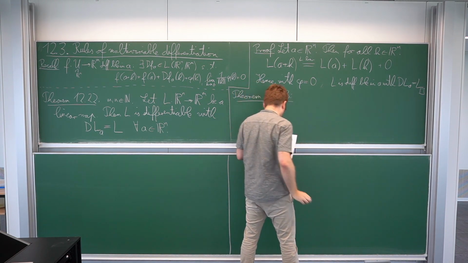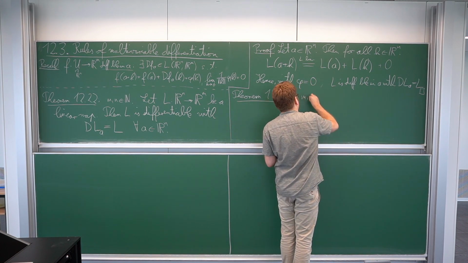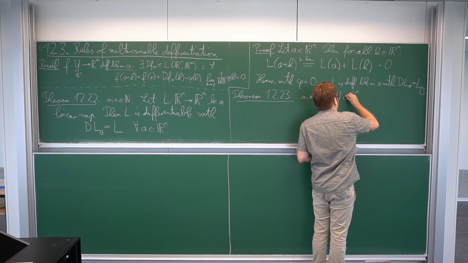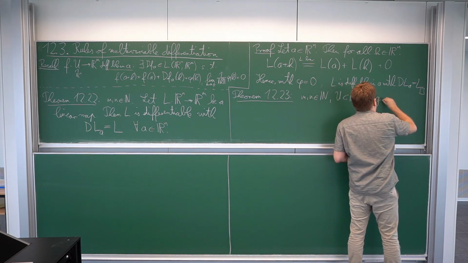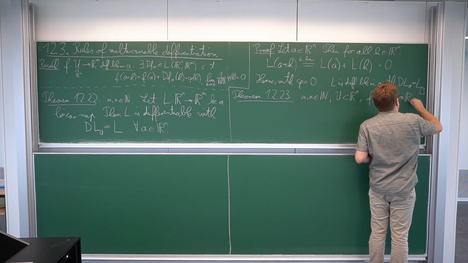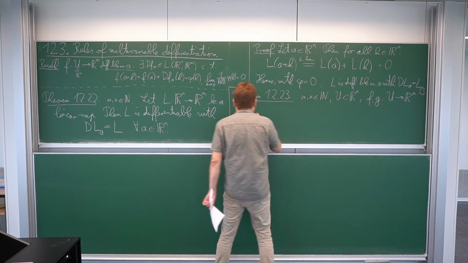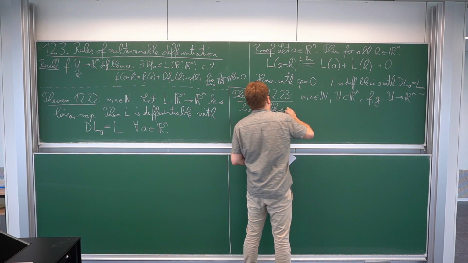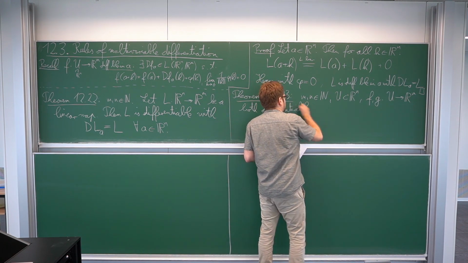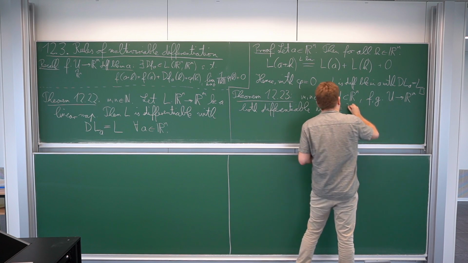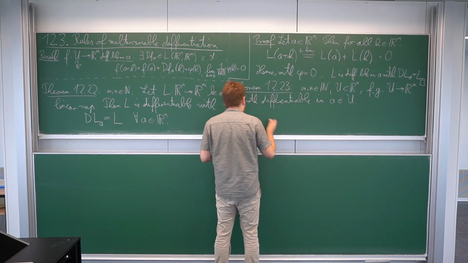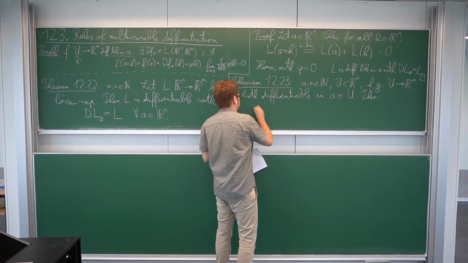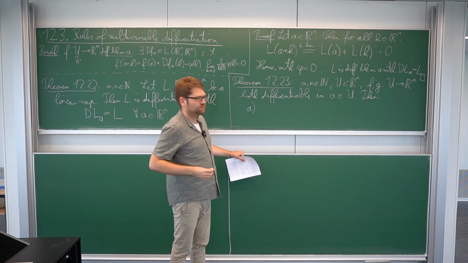Namely, Theorem 12.23. So again, we have m and n in N. Now we take an open subset U of R^n and assume we have two maps f and g from U to R^m, and that both of these maps are differentiable in a certain point a in U. Then we have two very elementary properties. First of all, if f and g are differentiable, then their sum is differentiable.